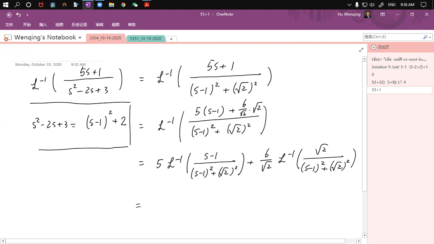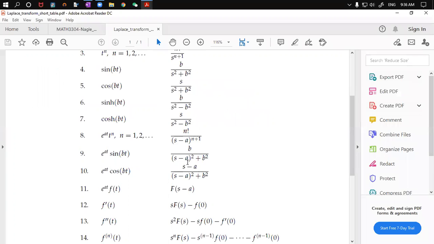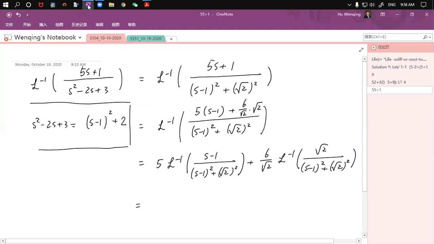As long as you have this, you come back to exactly match this formula, where s minus 1 means a is 1, so it's e to the at cosine of bt. So that's e to the t cosine of the square root of 2 t, plus 6 over the square root of 2, which is actually equal to 3 times the square root of 2.